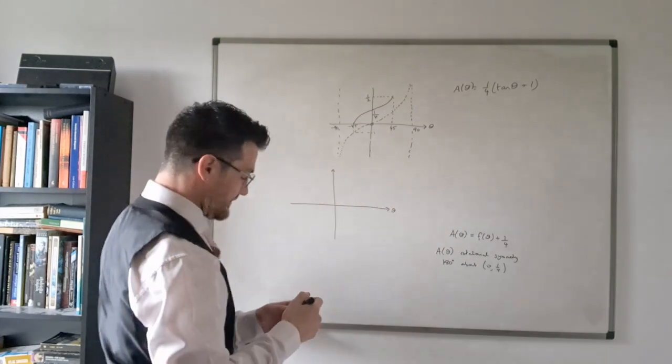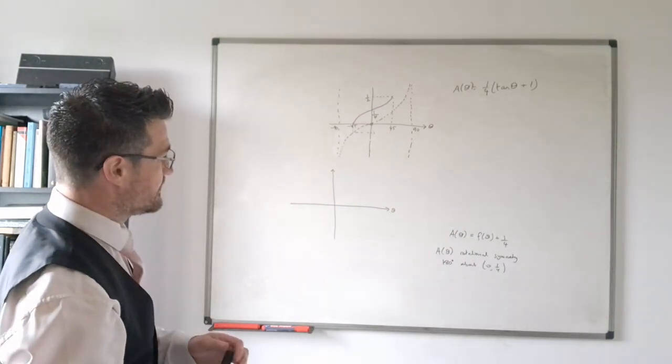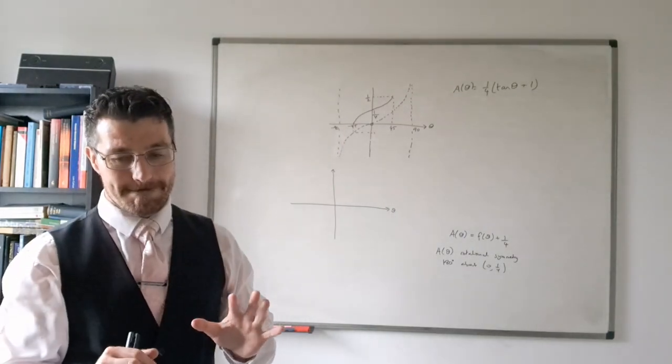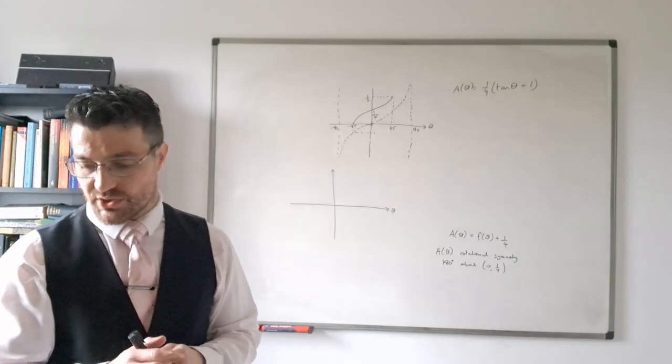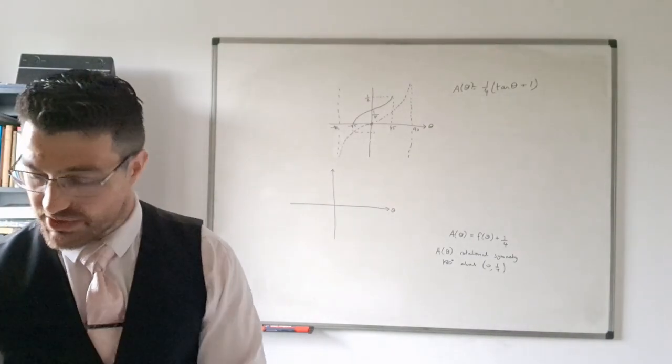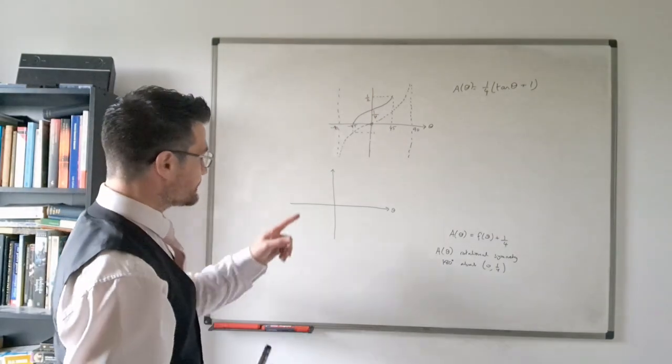So could I draw a graph of the gradient? Maybe there's a way that you can do this a bit more algebraically, but I'm going to use the diagram.